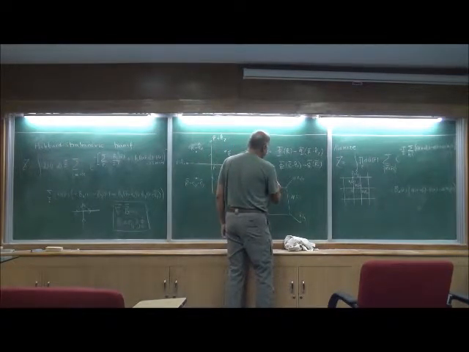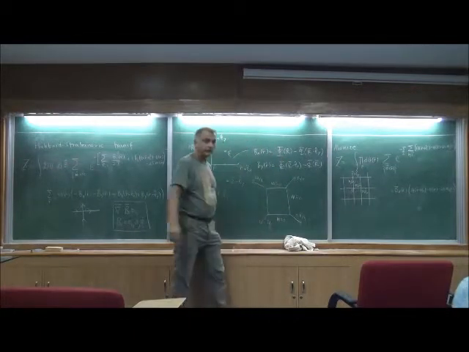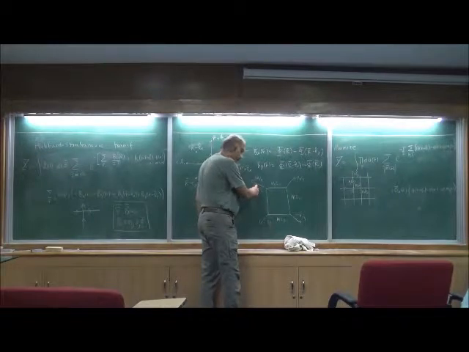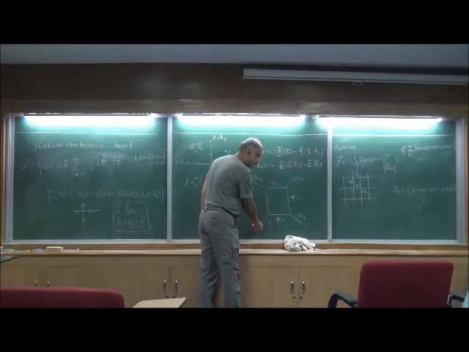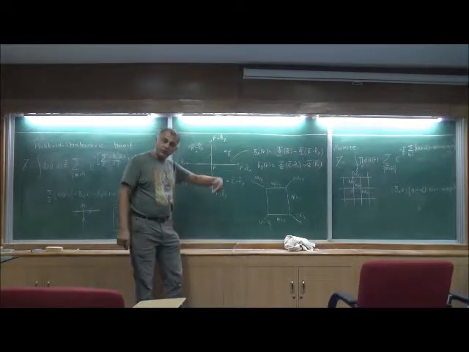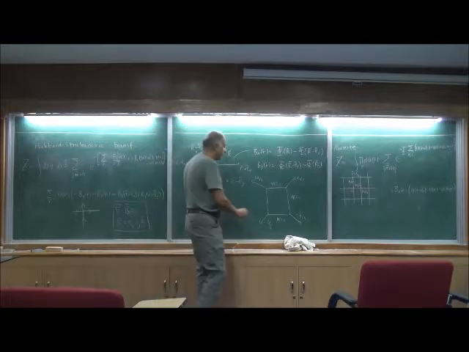This will also have m equals 0. This will also have m equals 0. But this guy will not. Because you see, this is 3 pi by 4, and this is minus 3 pi by 4. So the difference between them is 3 pi by 2. That's closer to 2 pi than it is to 0. So here m will be 1.